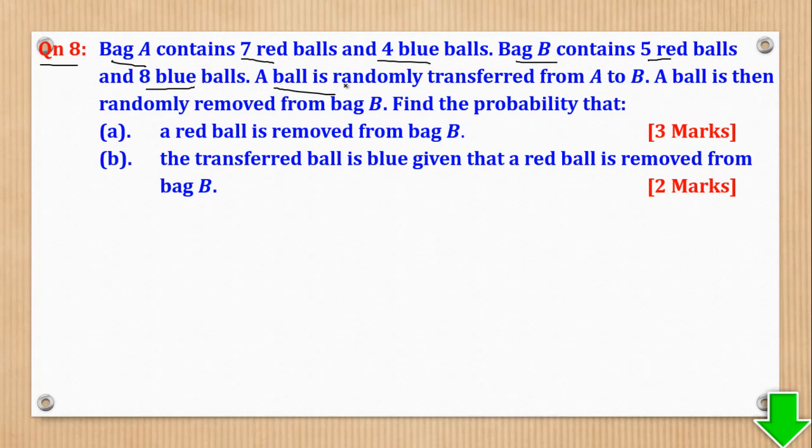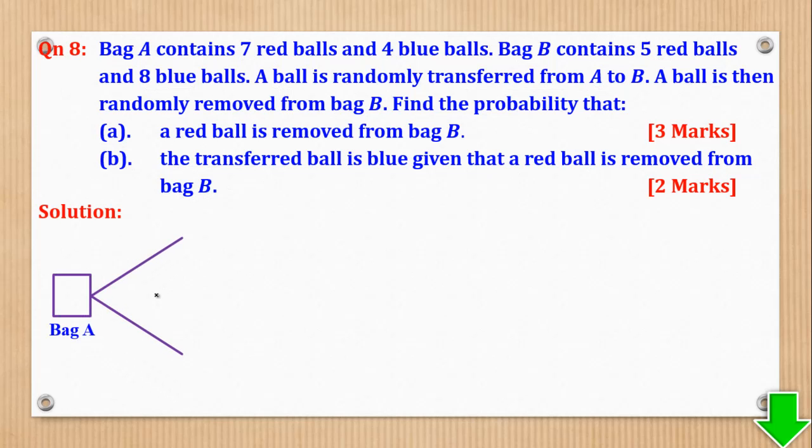A ball is randomly transferred from A to B. A ball is then randomly removed from bag B. Find the probability that (i) a red ball is removed from bag B, and (ii) the transferred ball is blue given that a red ball is removed from bag B. So this question was on tree diagram, meaning we first make a sketch of how the tree diagram will look.